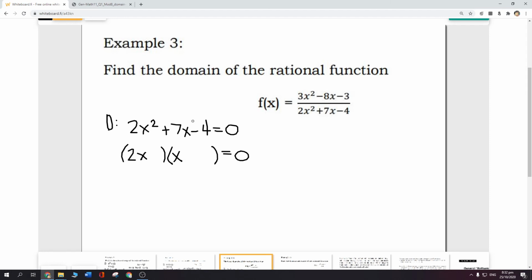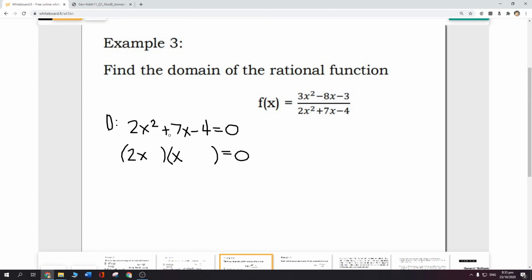And then we will determine the factors of negative 4 multiplied by 2, then add or combine like terms. The answer should be in the middle term.